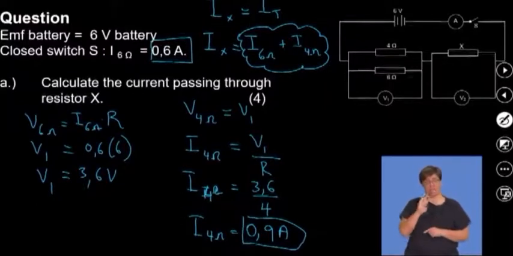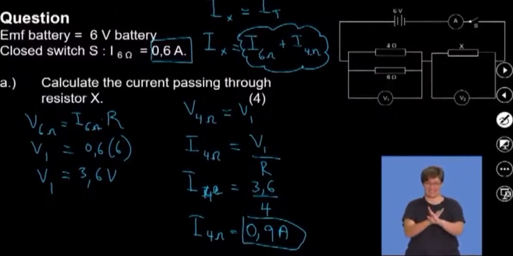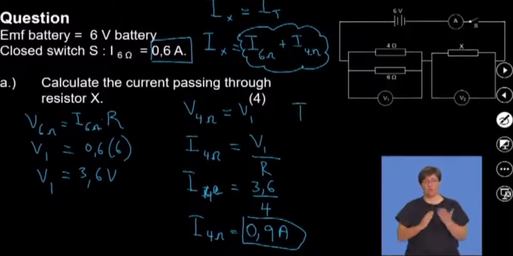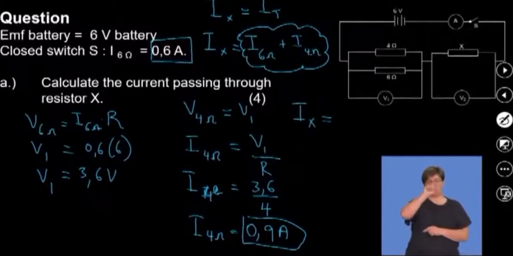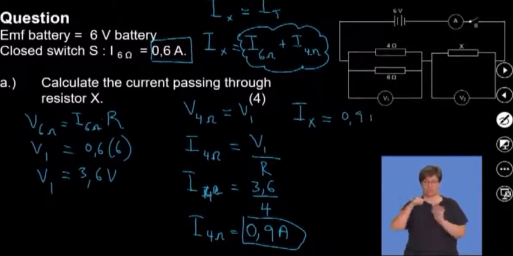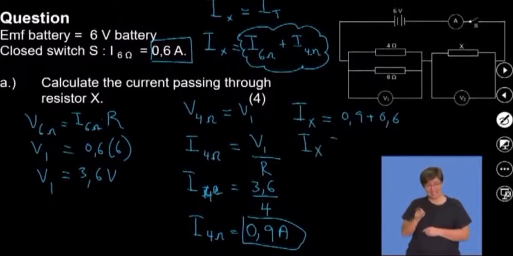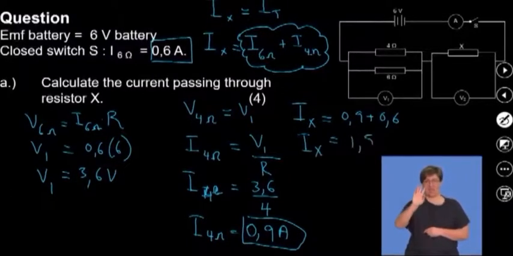The 4 ohms has lesser resistance, which is why it gets greater current. So the total current that goes through X is 0.9 plus 0.6, which means the total current for X is 1.5 amperes.